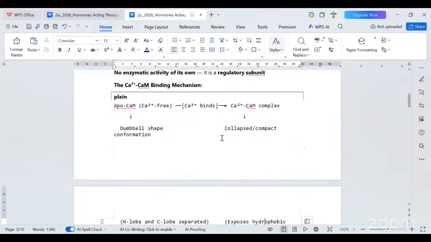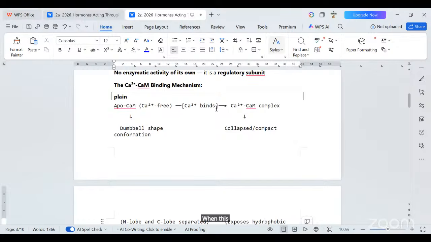They work by collapsing free calcium. Free calcium in the blood binds to calcium calmodulin complex.